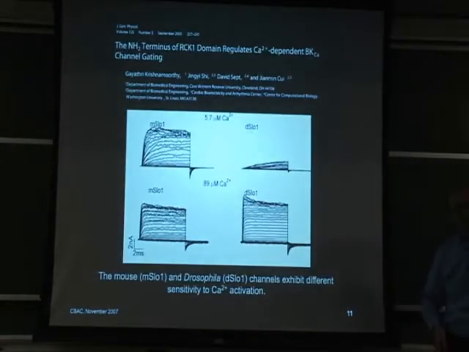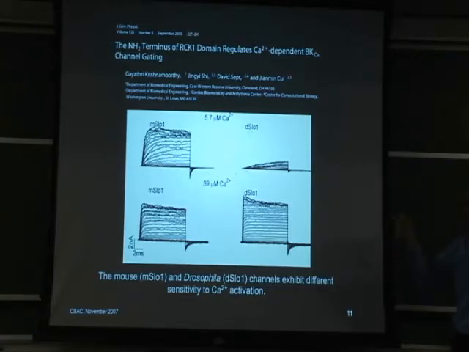Another parallel piece of evidence came from looking at the function of this RCK domain, the cytoplasmic domain, and comparing this between mouse, which is the mSlo, and Drosophila. At low calcium concentrations, these are the actual current traces. As you increase the voltage, the mouse channel activates nicely.